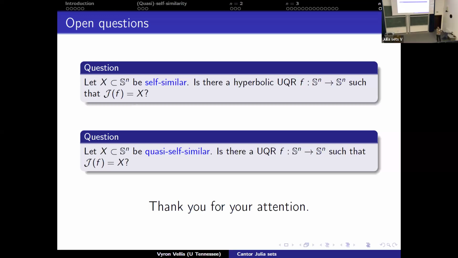Questions or comments? Can there be wild Cantor sets of genus infinity, meaning that on each step it's finite? In fact, one way of constructing an infinite genus is this: you take a sequence of balls, and here you put a Cantor set of genus 1.